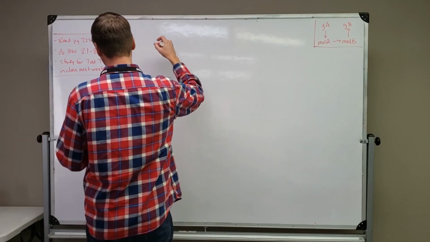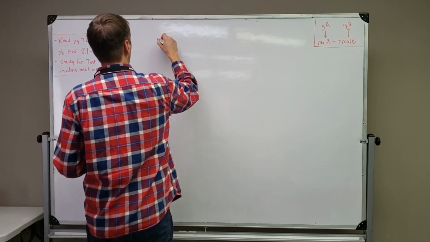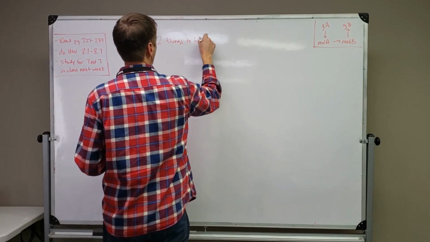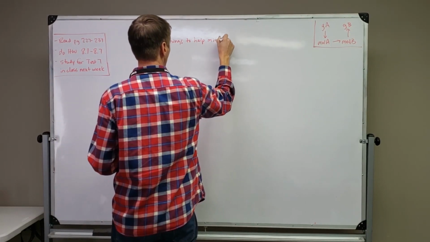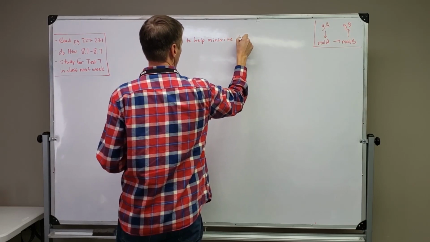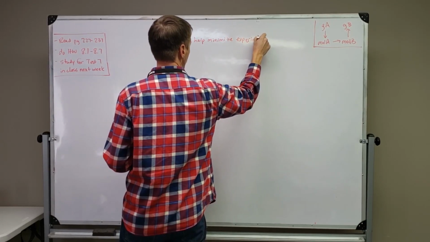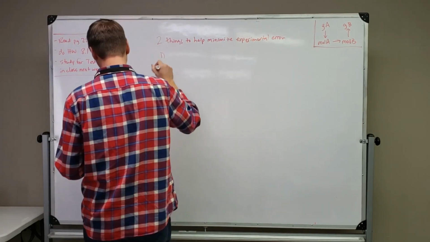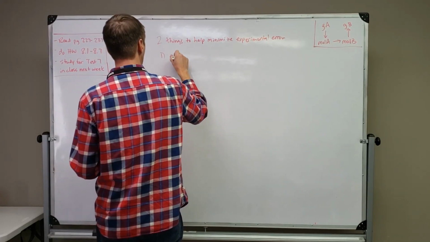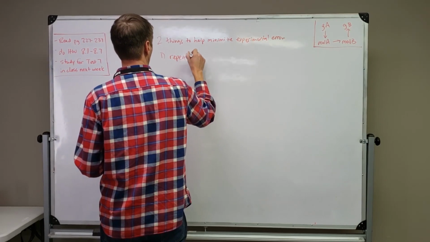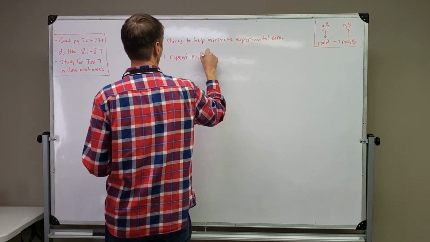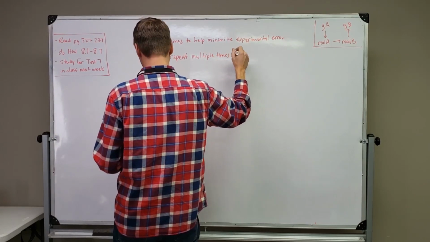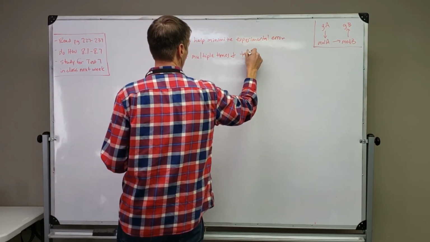So a couple of things, 2 things to help minimize experimental error that we can do. Number 1, we can repeat the experiment multiple times and take an average.